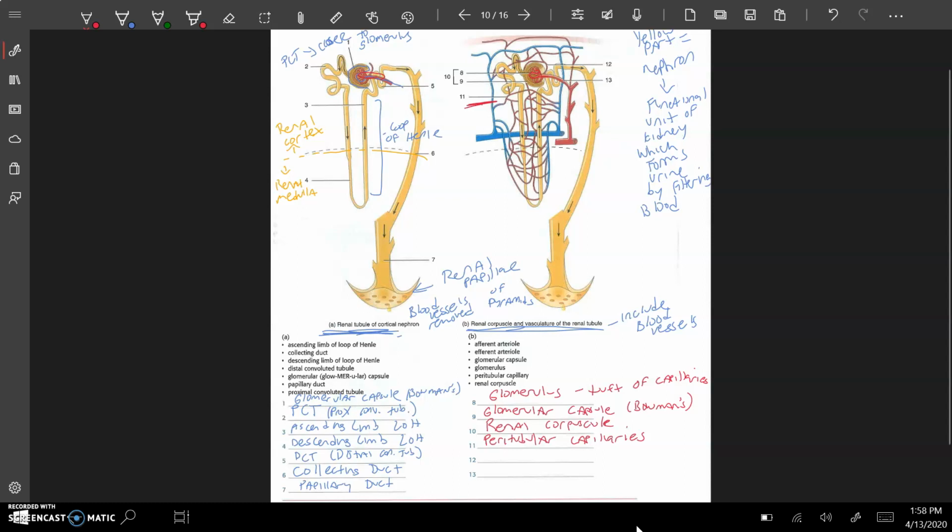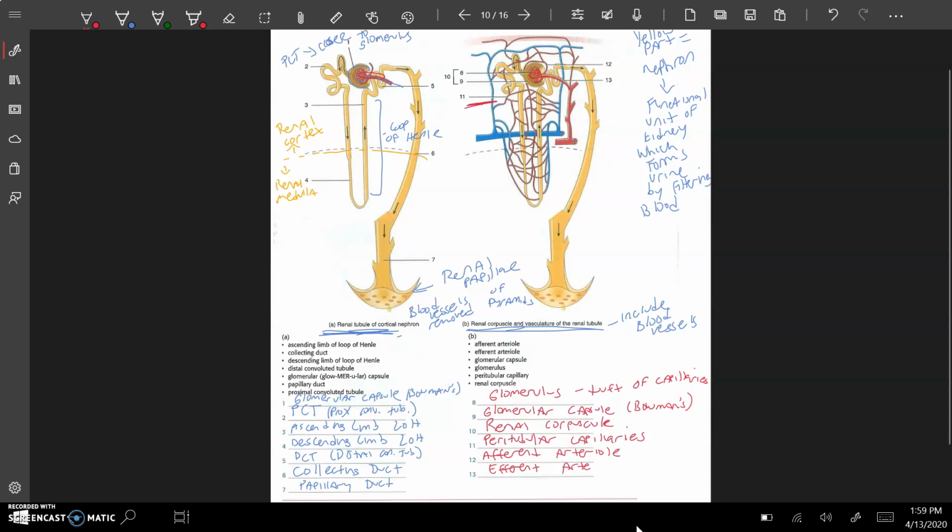All right, and then 12 and 13 are going to be our afferent and efferent arterioles. If you look, we have a couple different ones. Number 13 is going to enter, approaching the glomerulus. So 13 approaches the glomerulus, and approach means it must be afferent, because remember, afferent approaches. And then efferent exits.